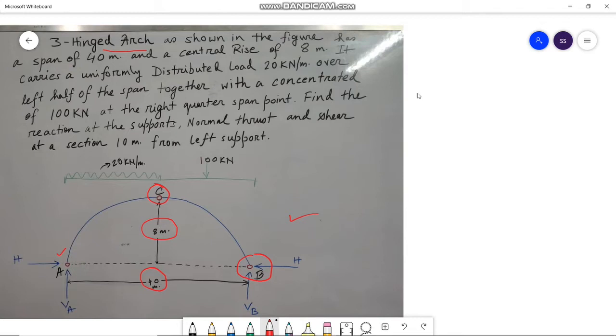In case of the loading, the 3-hinge arch carries a uniformly distributed load, that is here, of 20 kN per meter over the left half of the span, that is from here to here, along with a concentrated load of 100 kN, which is acting at the right quarter span point, that is here.